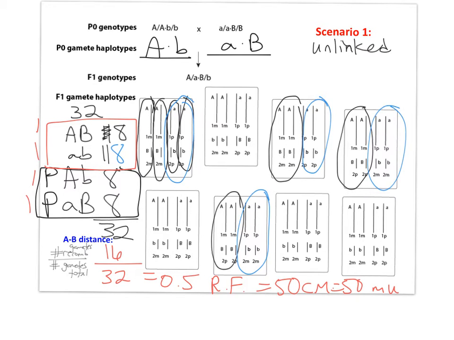So the number of recombinants equals the number of parental types. You get 50% recombinants, genetic distance of 50 centimorgans. That's the largest genetic distance you should ever calculate. That's one extreme. Genes are unlinked, 50 centimorgans apart.